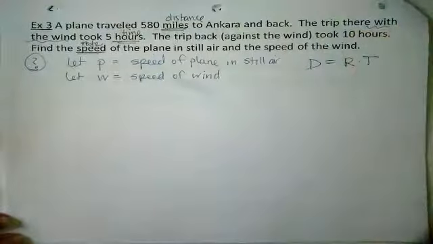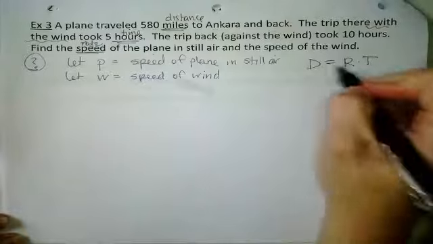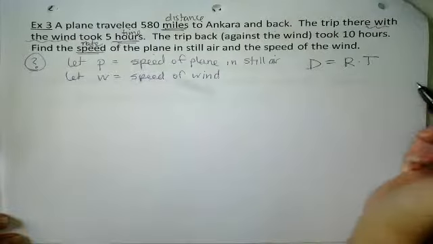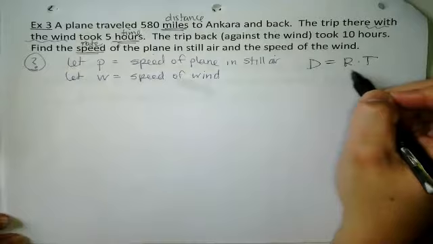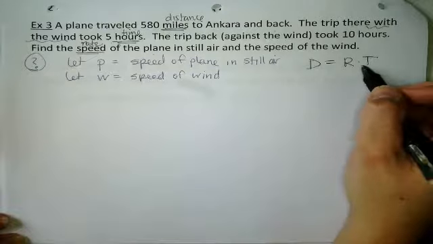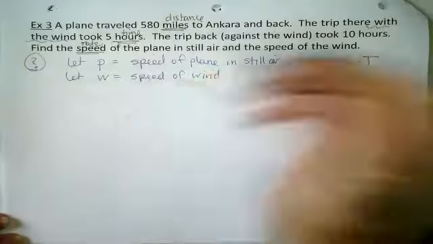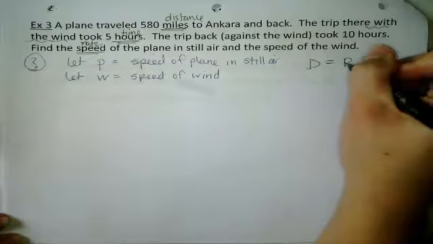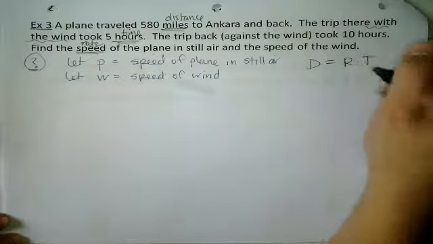I hope you've seen that equation before, but it is a very important equation that we want to understand. The other thing I have here is that I'm trying to find the speed. And so I want to get this rate, or the speed, by itself.